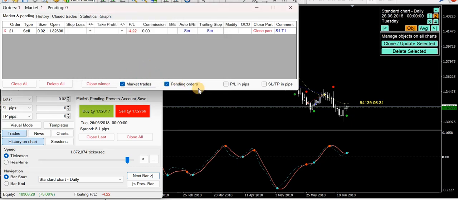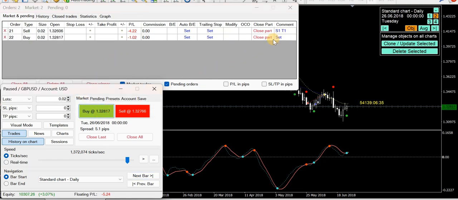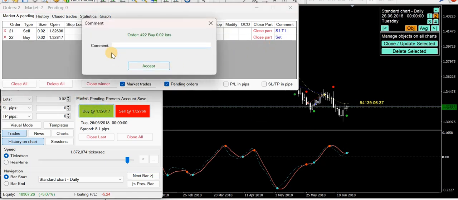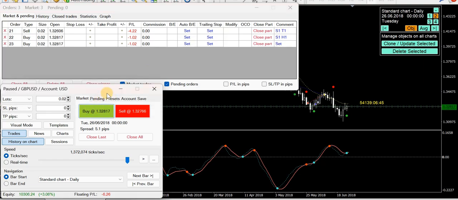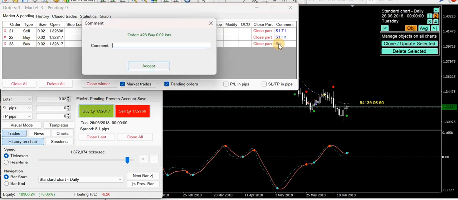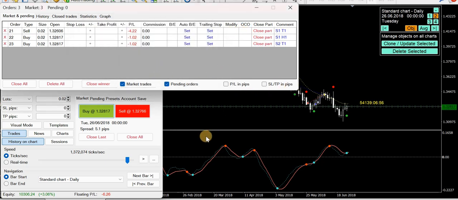So now we've got a buy, so it's a hedge buy, sequence 1, hedge 1, and another buy, so that's sequence 2, trade 1. So you get the idea, it's multi-sequence, getting away from just the one sequence.